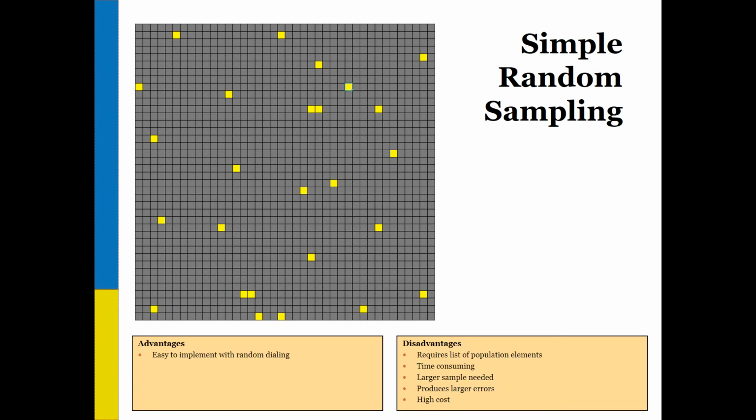And if they're just chosen purely at random, then that would be an example of a simple random sample. And this is usually done by looking at the sampling frame and using some sort of random number generator.